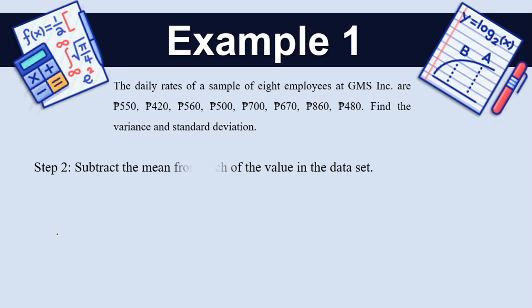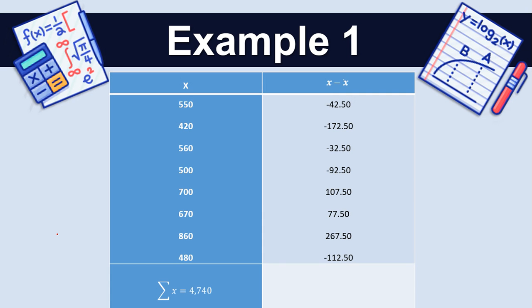Once we already have the mean, step number 2, we will be subtracting the data that we have from the mean na nakuha natin, 1 by 1. So sulat ko lang po ulit dito yung mean, which is 592.50. Ito pong data na meron tayo, iisa-isahin po natin yan, isusubtract dito sa mean na nakuha po natin.